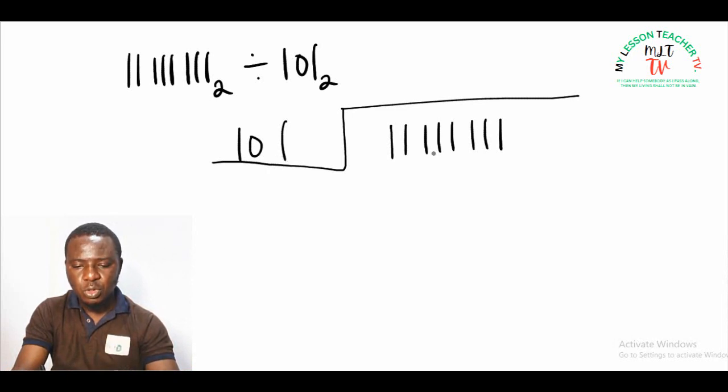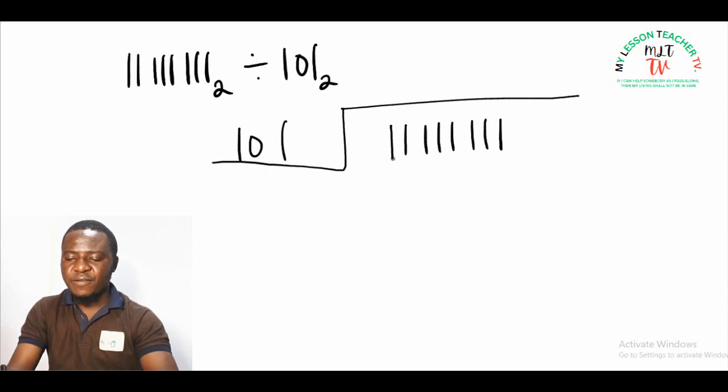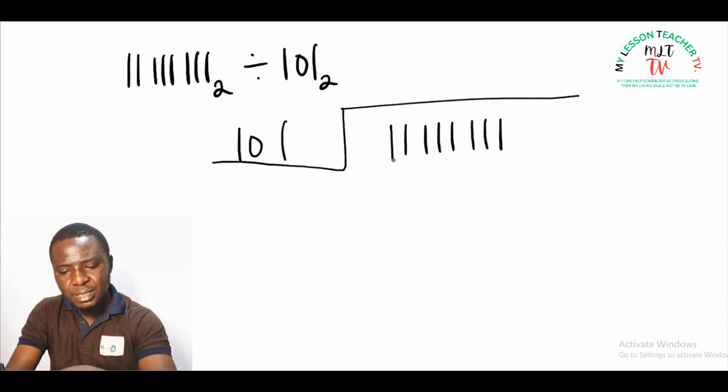So, pick the first digit. Is it equivalent to 5 in base 10? No. Pick the next digit. Will it give you a number greater than 5 or up to 5? No. That is, 11 in base 2 is 3. 111 in base 2 is 7.